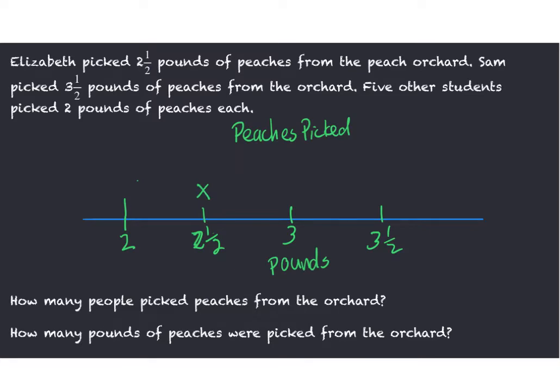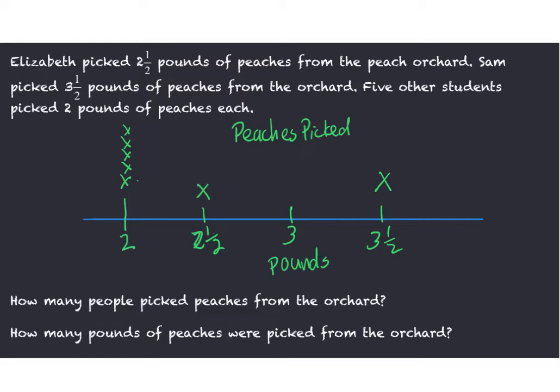I also see that Sam picked 3.5 pounds, so I'm going to put an X above the 3.5. And then finally, there were 5 other students that picked 2 pounds each, so I'm going to put 5 X's. 1, 2, 3, 4, 5 X's above the 2.